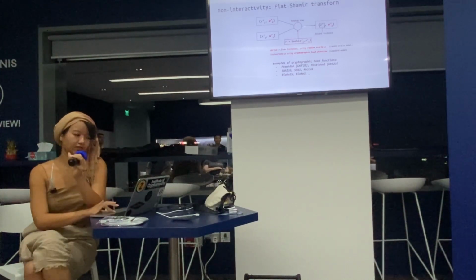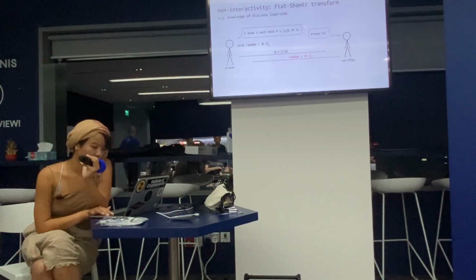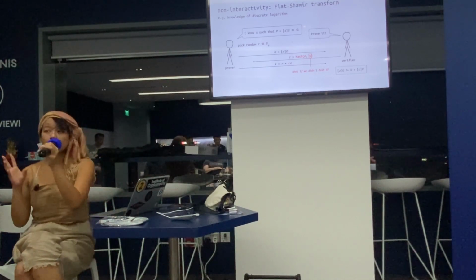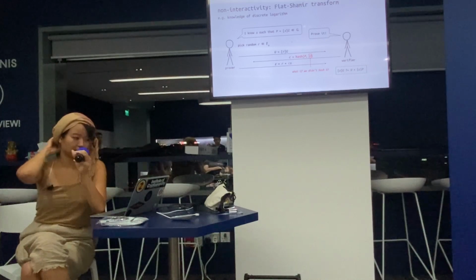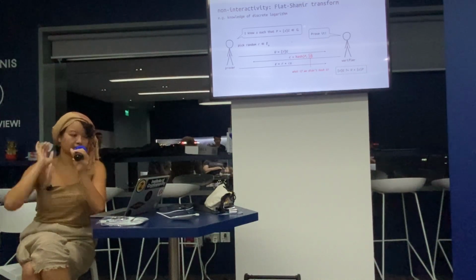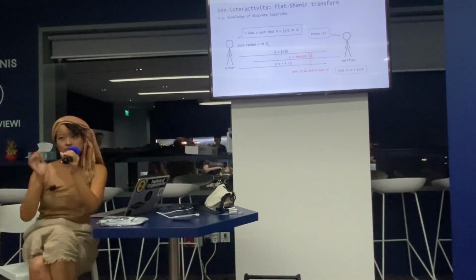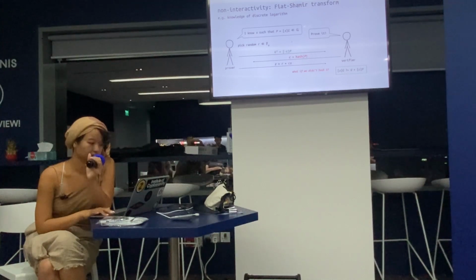But yeah, this hash function is crucial. And this sort of transform from an interactive protocol to a non-interactive protocol, and at the same time preserving the security of the randomness, it's called the Fiat-Shamir transform, and it's used everywhere in zero-knowledge proofs.